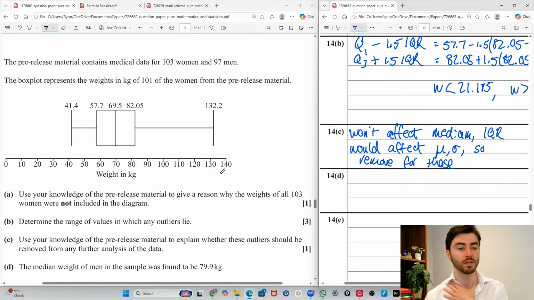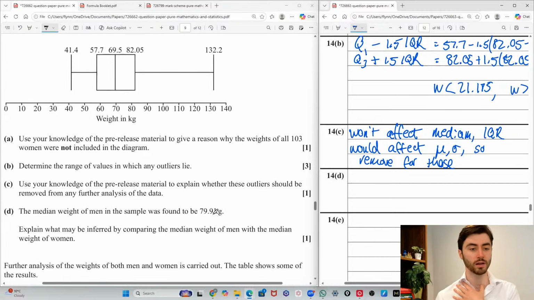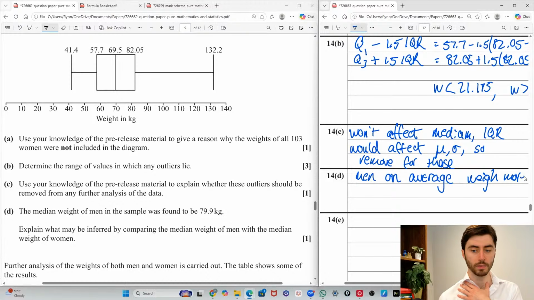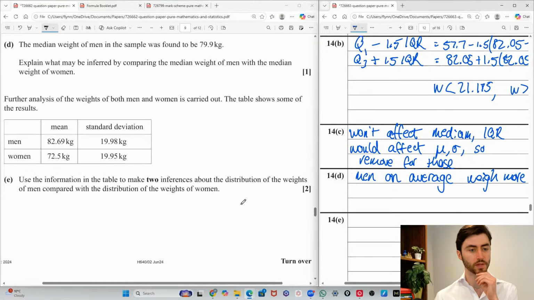In this case, the median is found to be bigger. So what might be inferred is that the men on average weigh more. Because that's the measure of the average that we're using here.